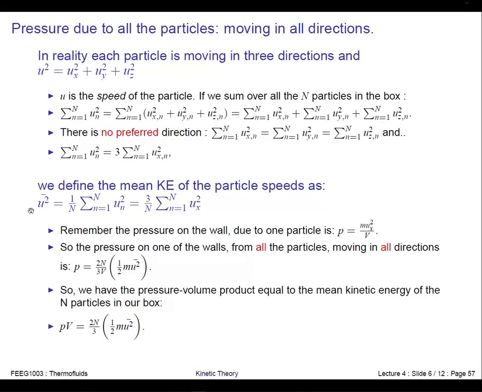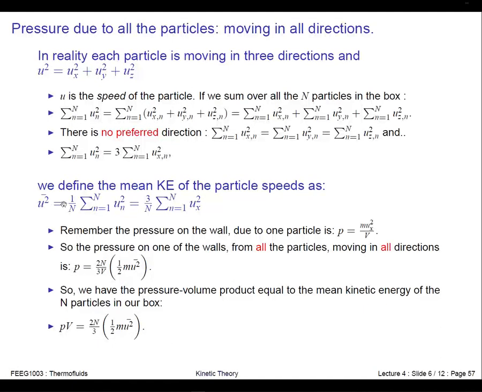And then let's say we're interested in the mean kinetic energy of the particles. So this over bar here means this is a mean operator. So if I wanted to work out the height of trees in a forest, I'd have h1, h2, h3, h4, which would be the height of all the individual trees, and I'd sum all of those up, and then I'd divide by the number of trees, and that would give me h bar.